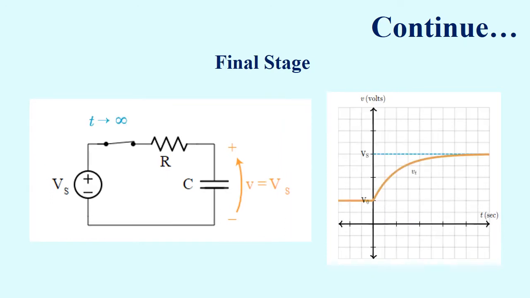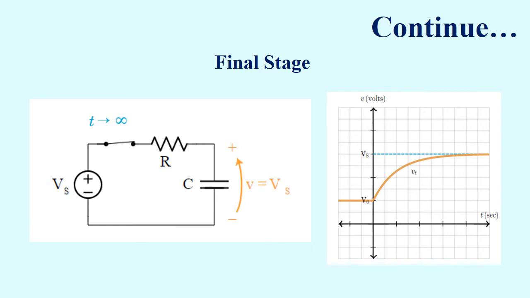In the final stage, if we close the switch at t equals 0, current will start flowing around the completed circuit. Current will continue to flow as long as there is a voltage difference across the resistor because the capacitor is charging itself. We can see the charging of the capacitor in the graph also.